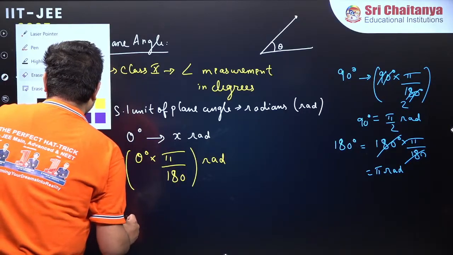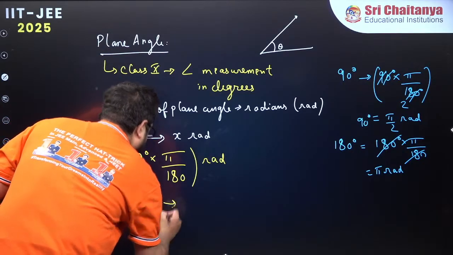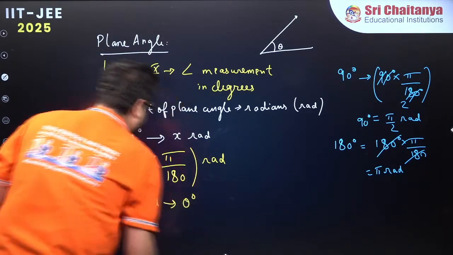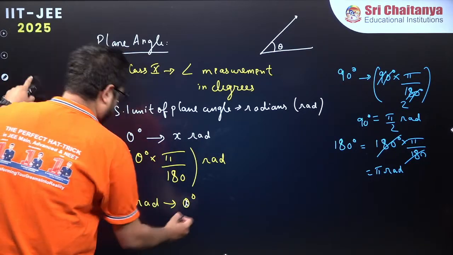Let's say we are having theta radians, and you need to convert it into y degrees.